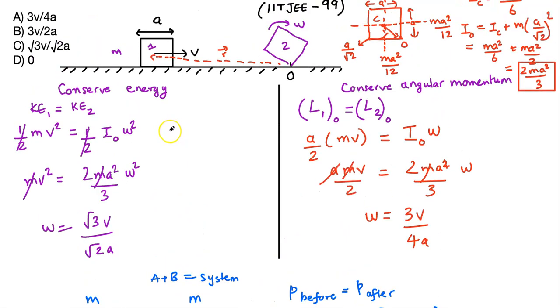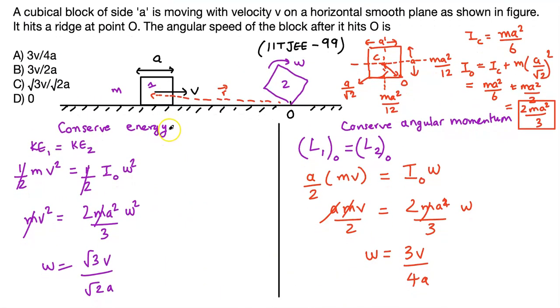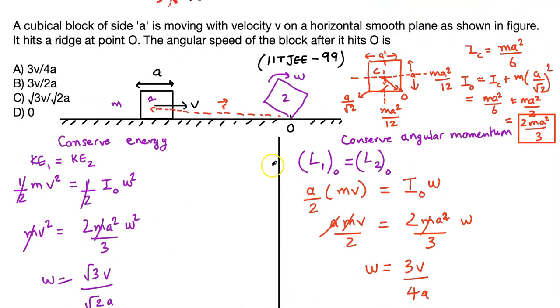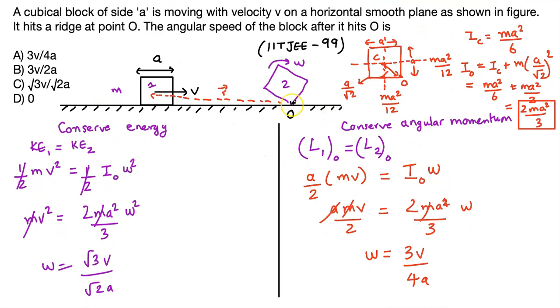But I just wanted to remind you on what basis we can conserve things for sure. Like here, we conserve linear momentum. We can definitely conserve angular momentum about the point O, because we know for sure there is no net torque about the point O. So this is definitely correct. But how do we know for sure that in this process of toppling about the point O, none of the energy in this cube is converted into heat or sound?